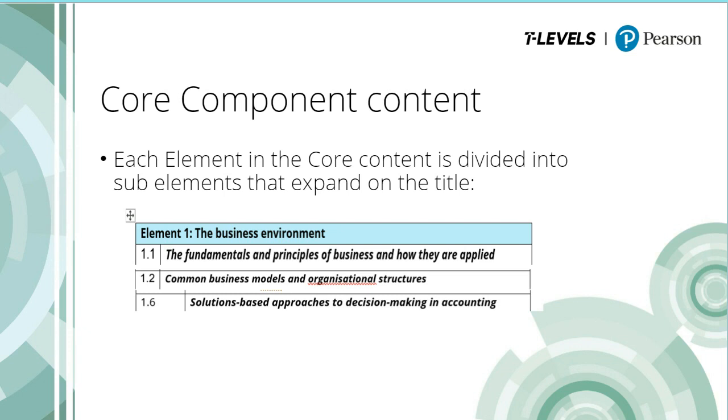So the business environment is the overall element title, and the sub-elements tell us exactly what we've got to include. For example, here we've got 1.1, Fundamentals and principles of business and how they are applied. We've got 1.2 and we've got 1.6. Each of those directs us to the types of things that we need to teach within the elements that we're delivering.